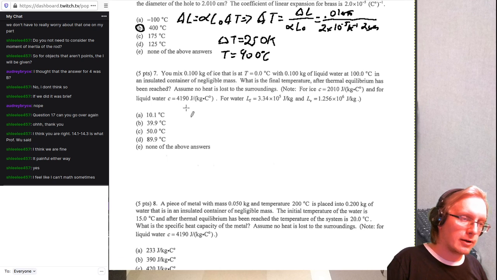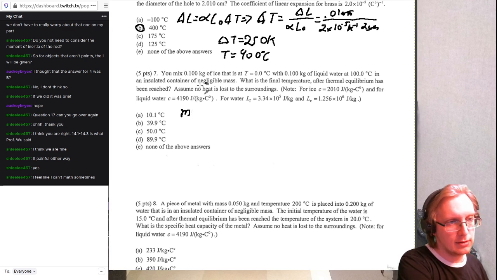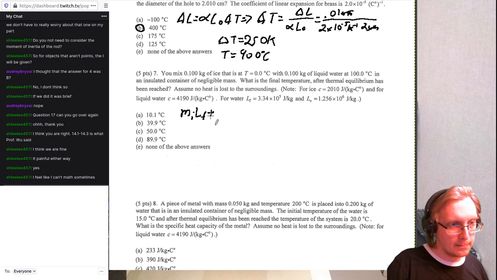Alright, so we are melting some ice with latent heat of fusion. And then we are going to warm it up with that mass with a certain specific heat, as delta T, and that's for ice.